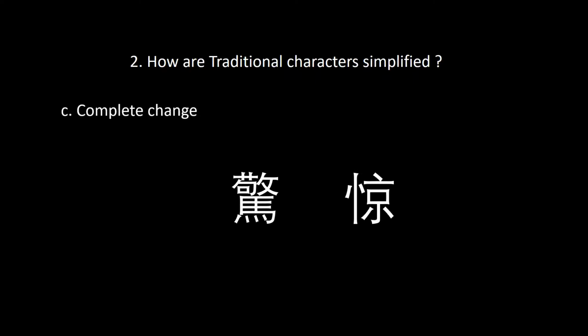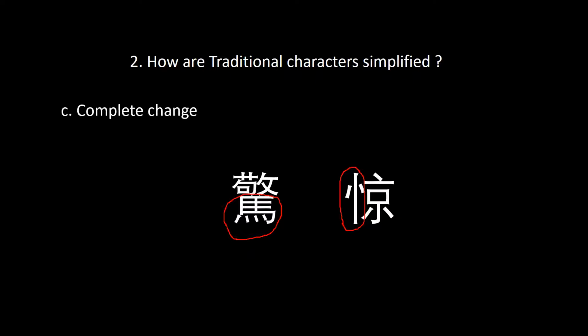Now this second character is 惊, which means afraid or to be scared. In this case, the horse radical is removed and replaced by a heart radical. This simplification actually sounds more logical, because to be afraid is a form of emotion, so they add a heart component here.